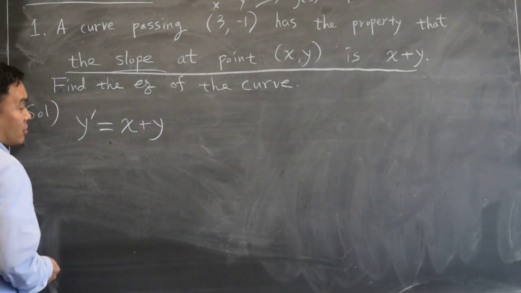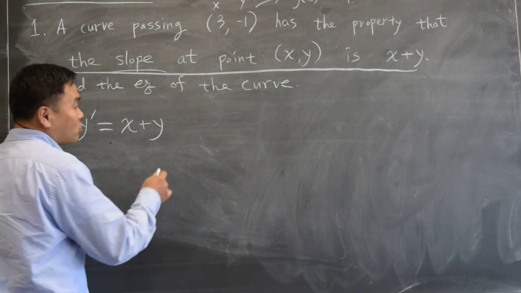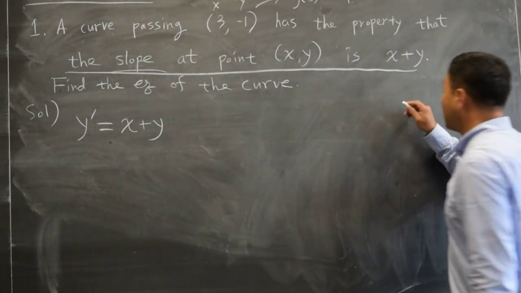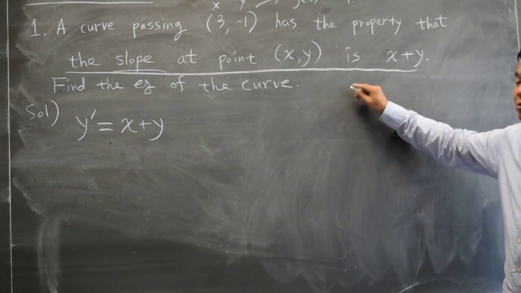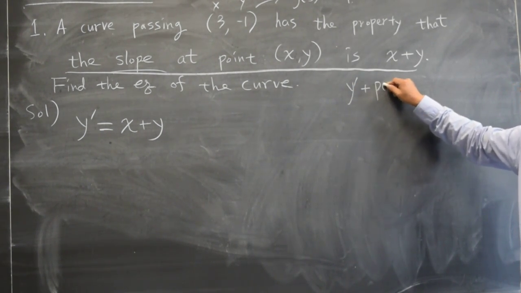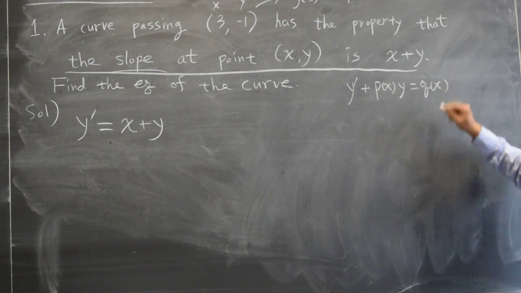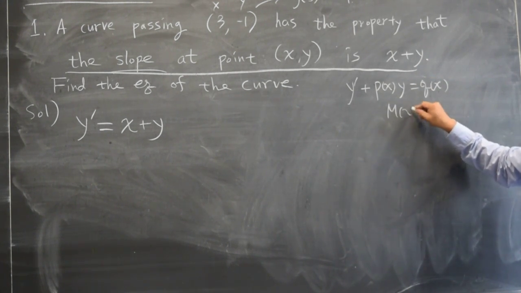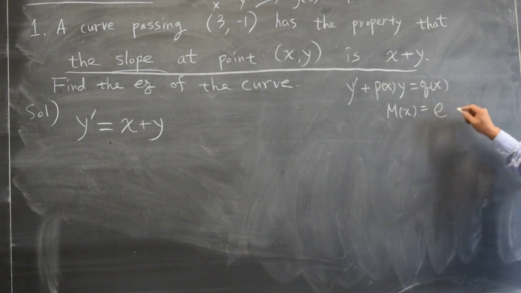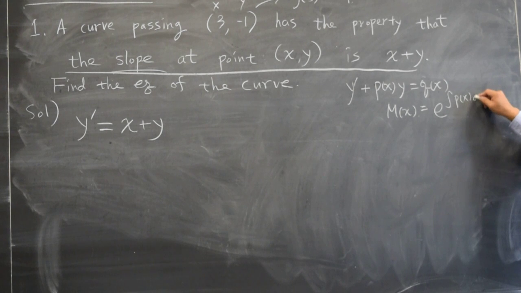For these, it's important to turn this into the standard form. So let's remember what the standard form is. The standard form of first order linear is y prime plus p(x) y equals q(x), where the multiplier is e to the integral of p(x) dx.